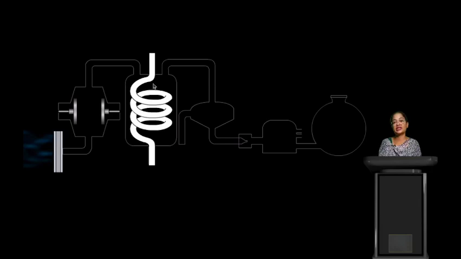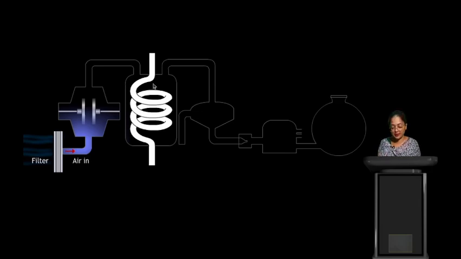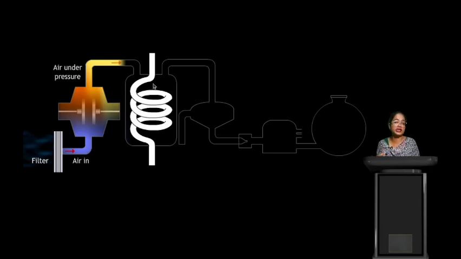Now you can see an apparatus here. So what do we have? We have a filter. Air is passing through this filter, and then it is being compressed here, and the temperature is changed because of the pressure.